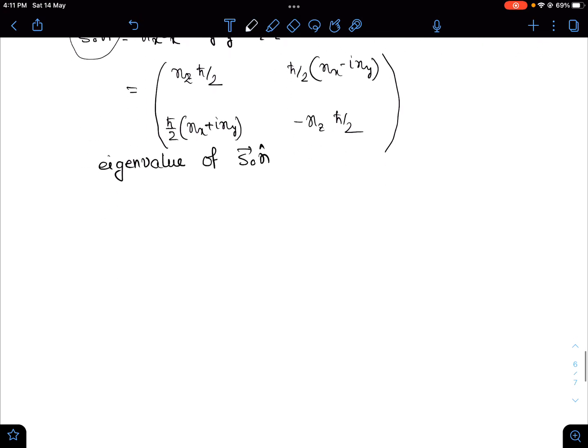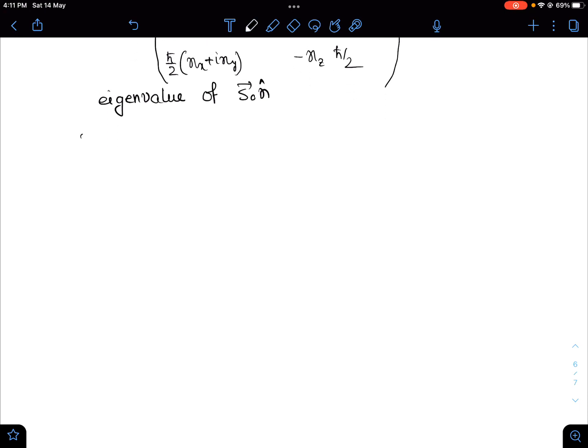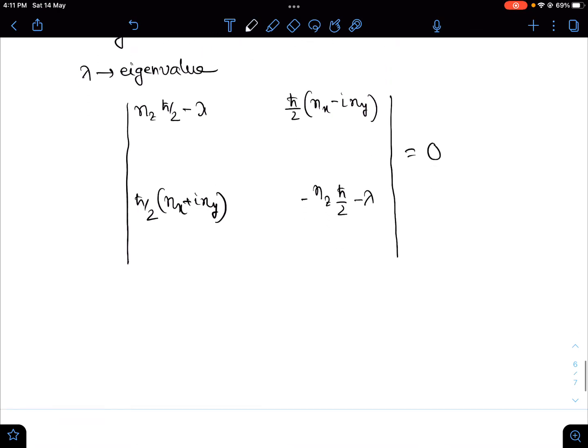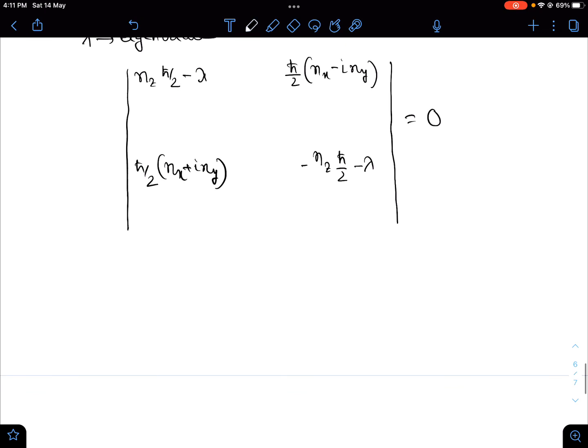So let us calculate the eigenvalue. If lambda is the eigenvalue, then the equation to get the eigenvalue will be the determinant of the matrix with entries nz h cut by 2 minus lambda, h cut by 2 times nx minus I ny, h cut by 2 times nx plus I ny, and minus nz h cut by 2 minus lambda. That is the determinant which we have to solve to find the eigenvalue.